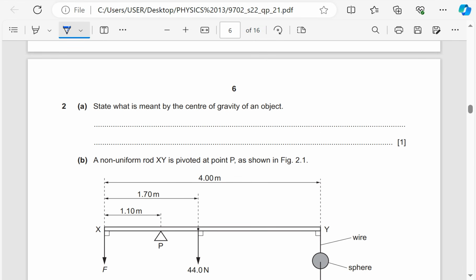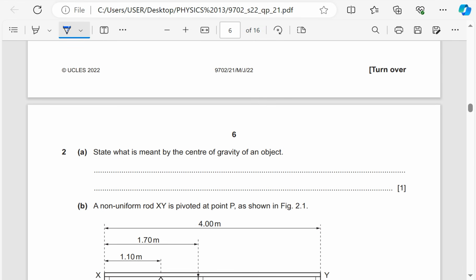Question number 2, state what is meant by center of gravity of an object. So the center of gravity is a point where all the weight of the object is considered to act.